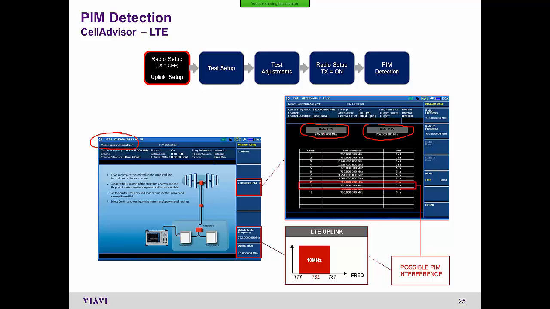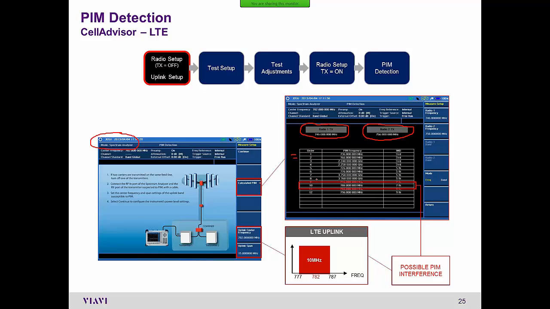Those 2 signals may mix, and the lower level intermods, so the distance between 746, hopefully you can see that, and 756 will produce an intermod that hits at 736 and 766 right here.